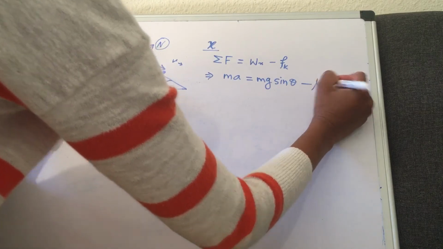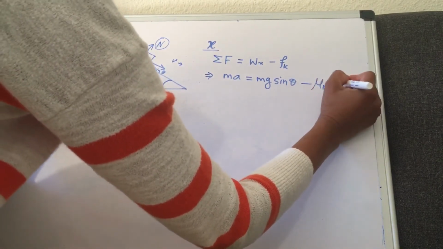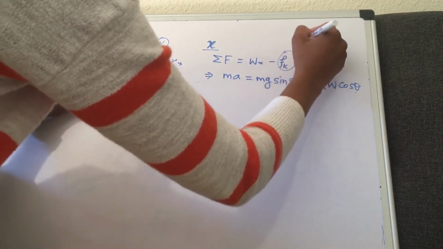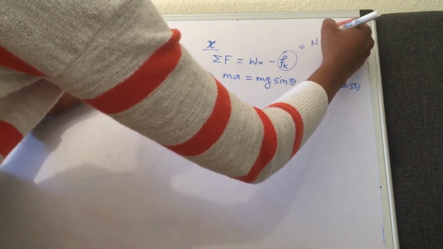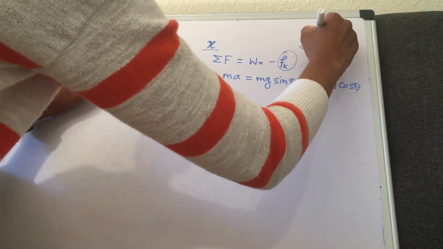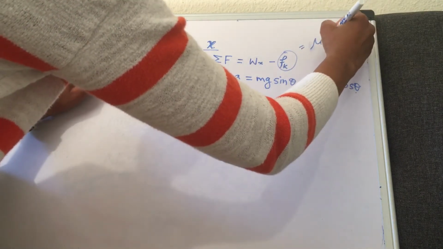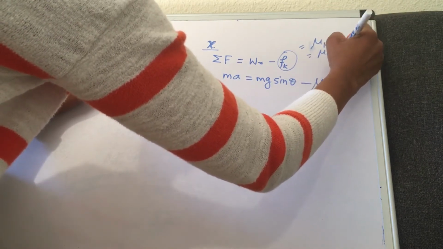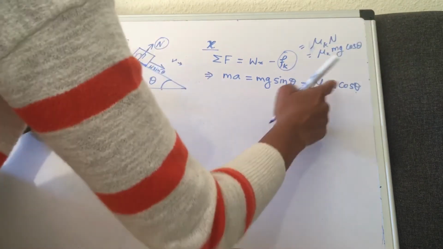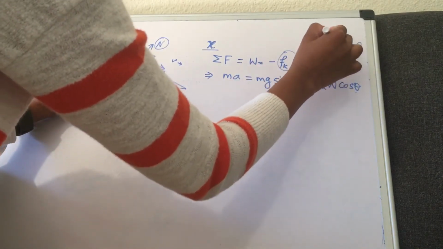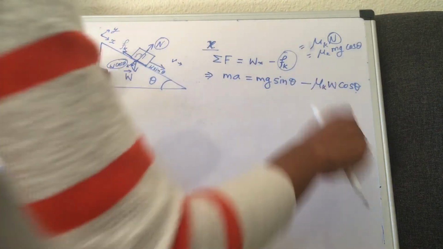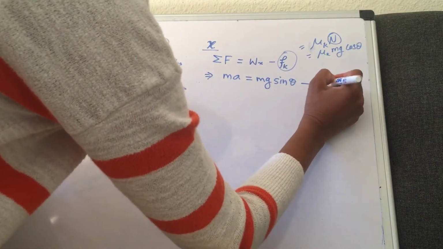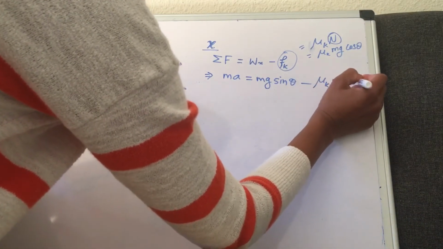If you don't understand this, this is mu k times N, and N is just mg cos theta. This normal force is equal to W cos theta, so I'm just going to erase this W and write that quantity here: mu k mg cos theta.